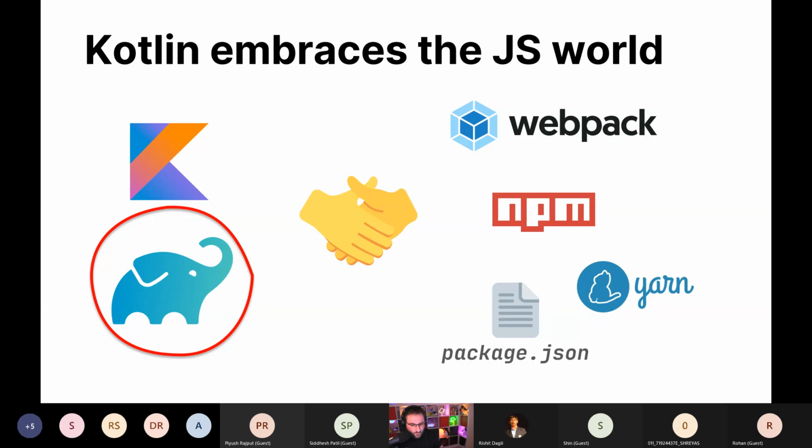We have a plugin for Gradle, which allows us to take all the complexity we have on the right side and manage it from our Gradle file immediately. And the best thing about this is that it ships with very useful defaults. So in many cases, you don't even have to think about these parts at all.